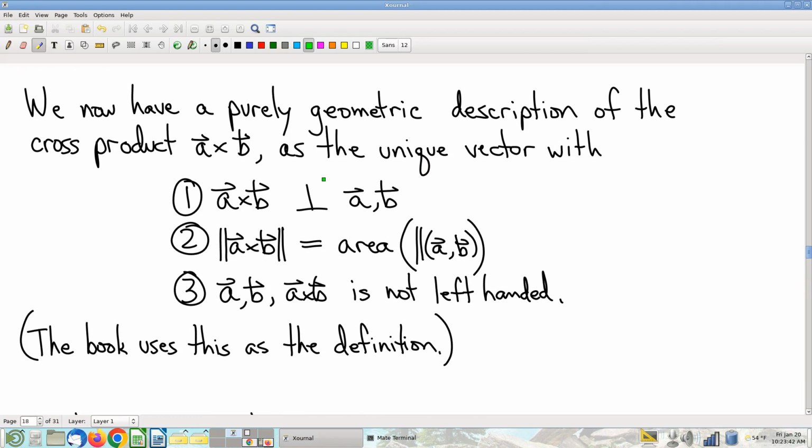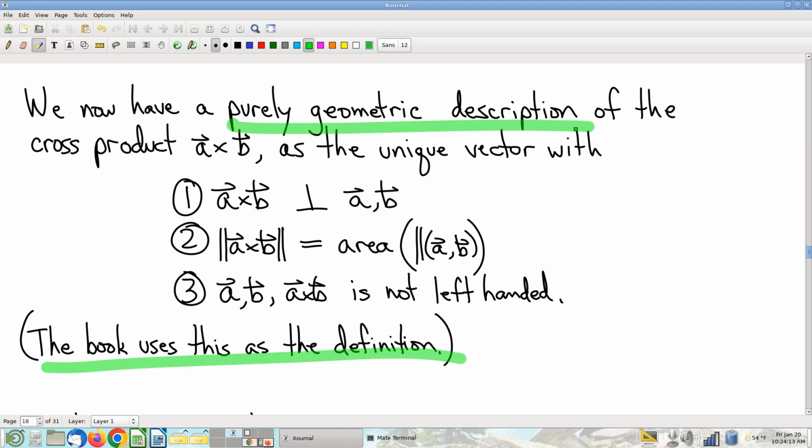One of the last things I'm going to say about cross product, I think we're on the last page, is notice that when we defined cross product, we wrote it down as a formula. It was an algebraic definition. And then I promised you there would be good, cool geometric facts coming, and of course we've seen quite a few of those already. The book, again, takes a different approach to all this than I do. The book starts with this purely geometric description of the cross product. They don't write down the algebra at all.